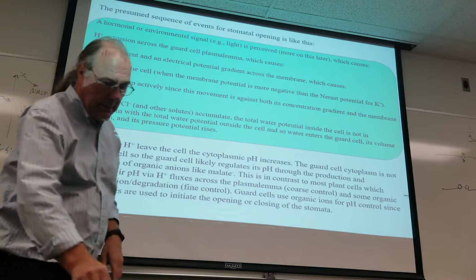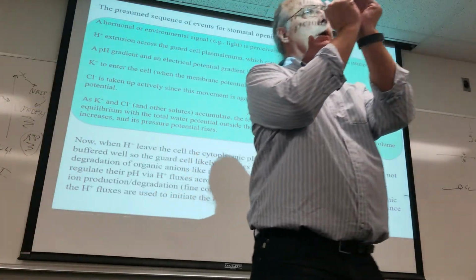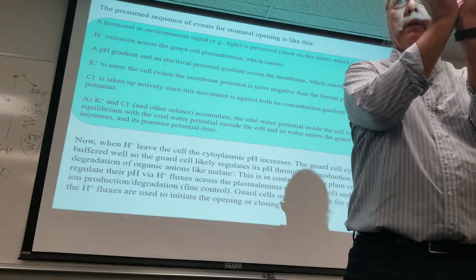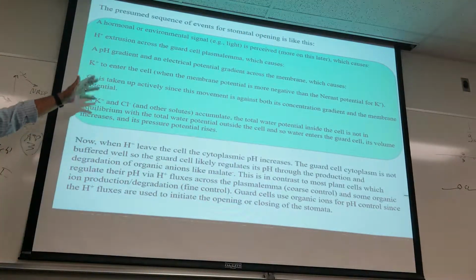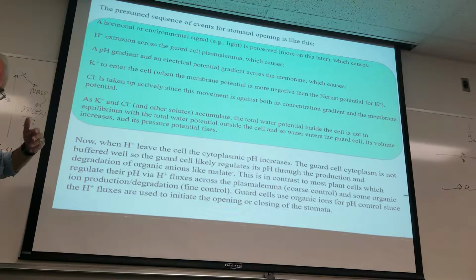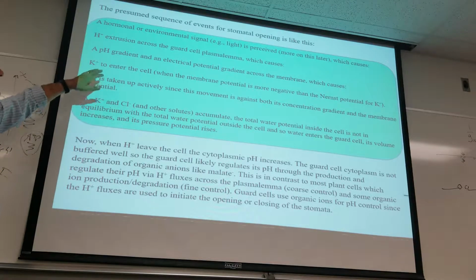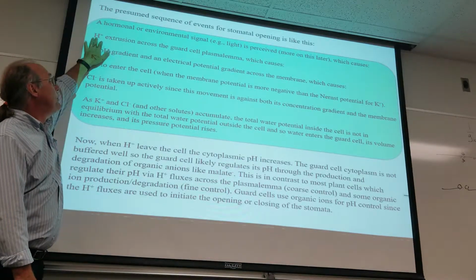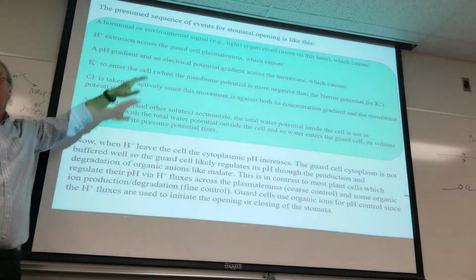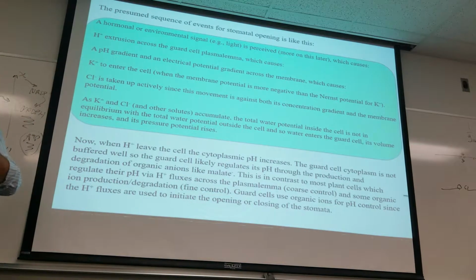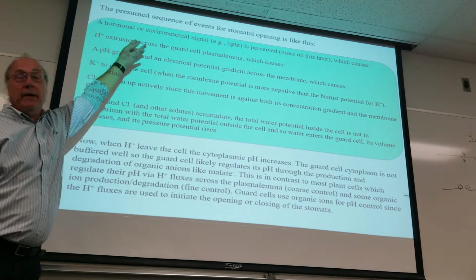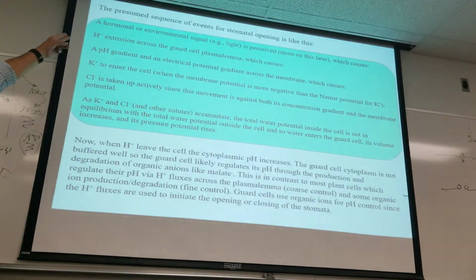As the cell volume grows, the cells distort and the thing opens up. But it's all characterized by this first pumping of protons across the plasma membrane from inside the guard cell to out in response to some environmental or hormonal signal.